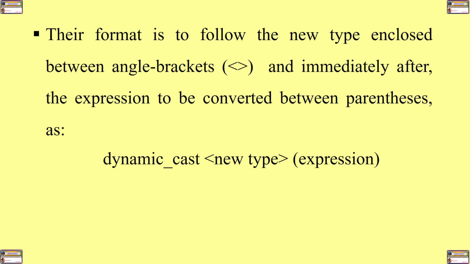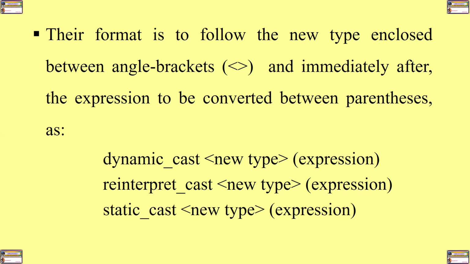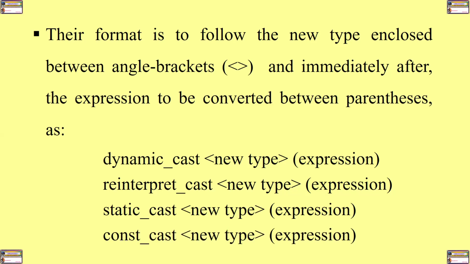The syntax is, for example, dynamic_cast, new type, and then we enclose the expression in a pair of parentheses. For reinterpret_cast, we just replace dynamic_cast with reinterpret_cast, and the syntax remains. We do the same for static_cast and const_cast.